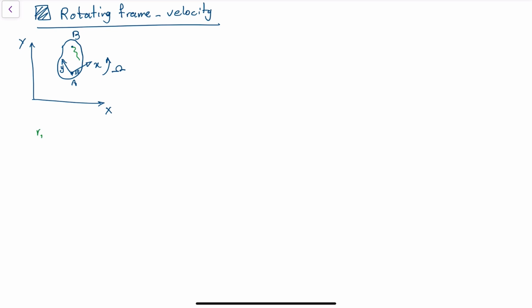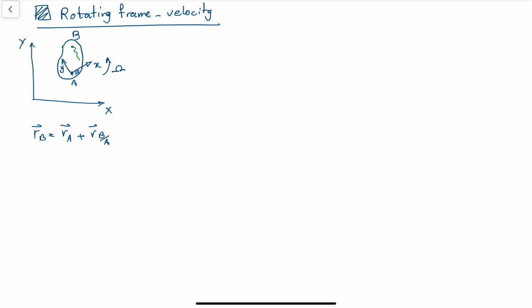So I had, oops, why is it green? R of B is R of A plus R of B relative to A. All good. So let me quickly remind what the setting is.